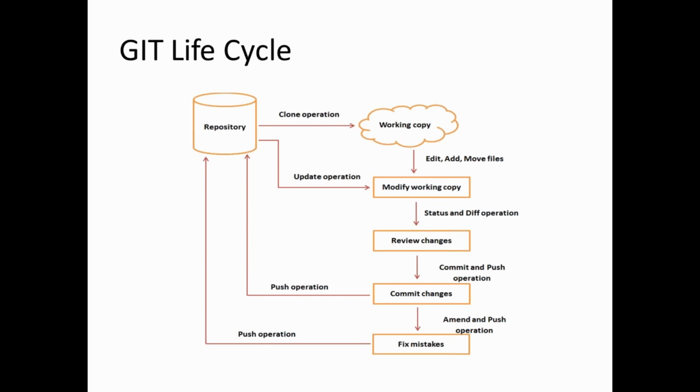Then using a git client, these are the various operations, and this is how the repository works. What you do first, you clone from the repository to a working copy, where you edit, add, move your files. Whenever you have a blank machine, create a blank copy of your repository, and then you clone the data to your local machine using git clone.